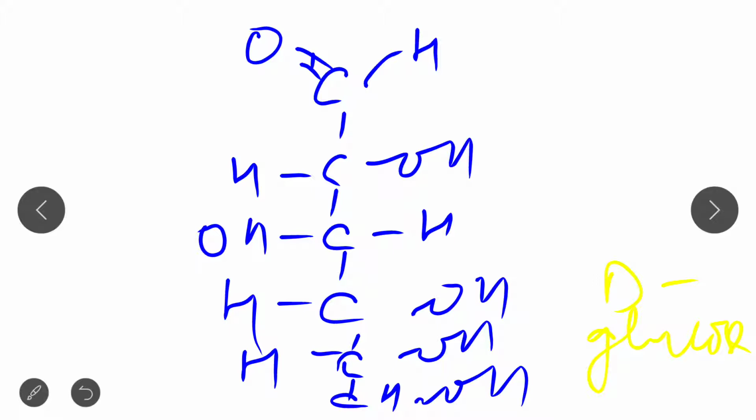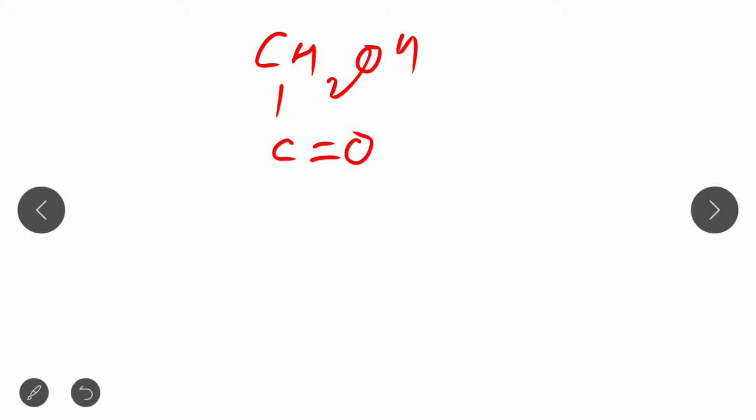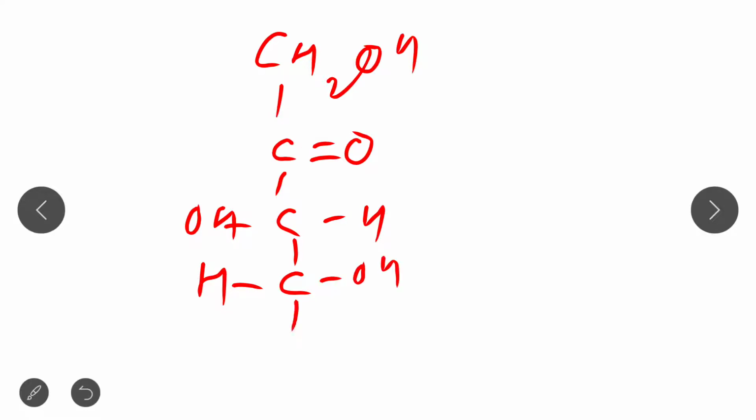Now another structure of a simple monosaccharide, fructose. In the case of fructose, as I already told you, a keto group is present. So the structure of fructose is CH2OH, then C double bond O, that is the keto group here, and then COH, H, a simple structure, H, C, HOH, CHOH and CH2OH.